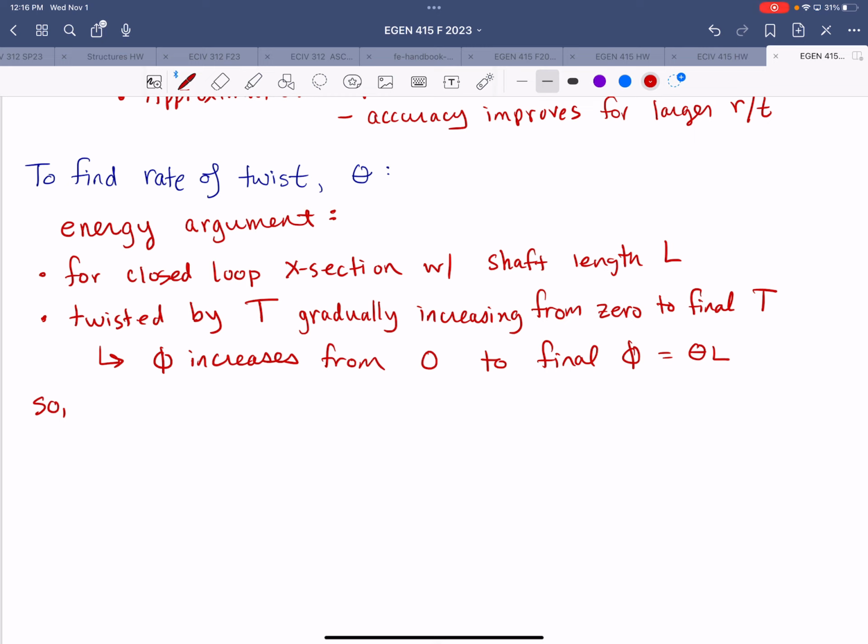So the work done by the torque is going to be equal to 1/2 times the torque times the angle through which it causes deformation. So that's your external energy.